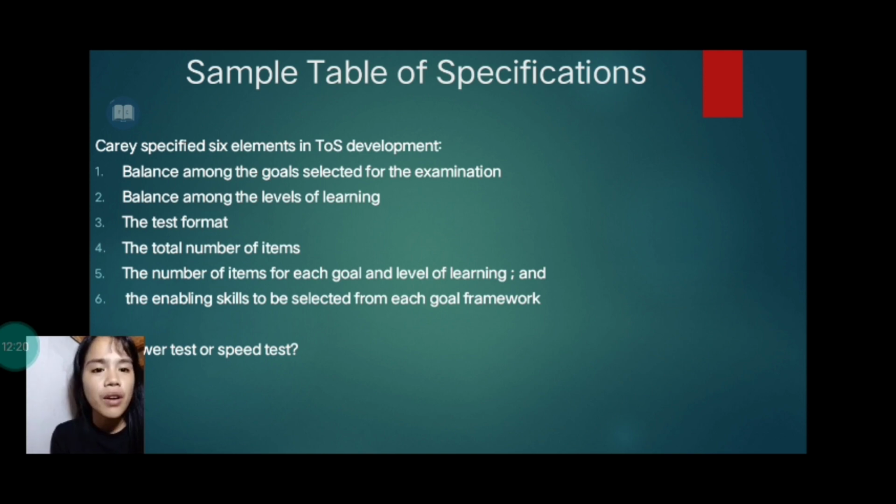Number 5 is the number of items for each goal and level of learning.